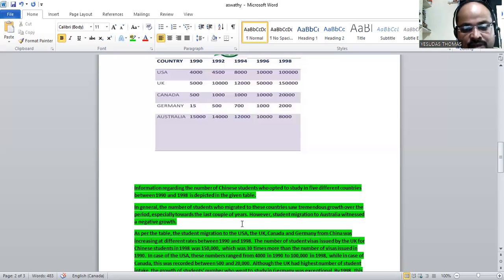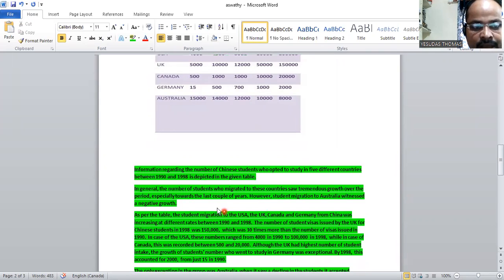Now, the number of student visas issued by the UK for Chinese students in 1998 was 150,000, which was 30 times more than the number of visas issued in 1990. So it was just 5,000. We have made the comparison. In case of the USA, these numbers ranged from 4,000 in 1990 to 100,000 in 1998.